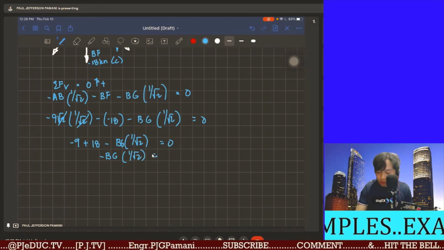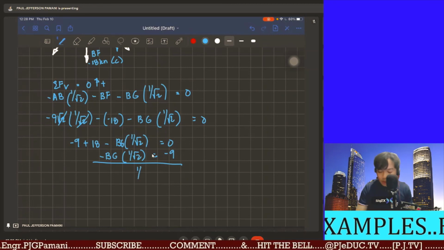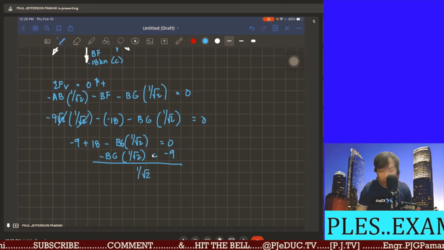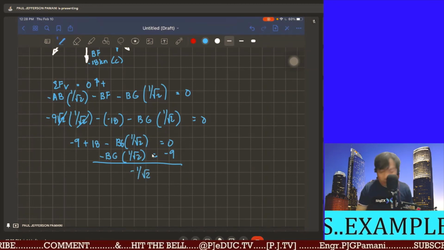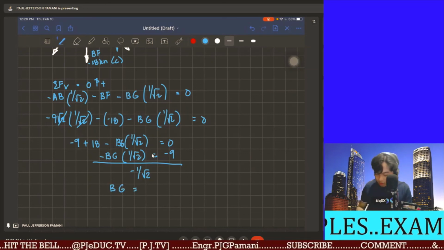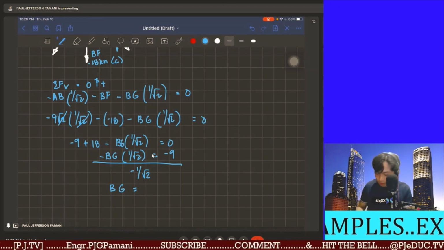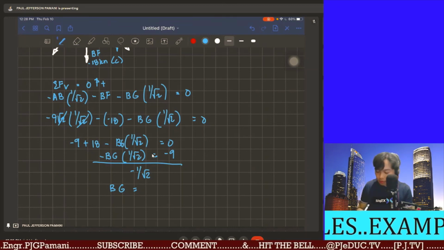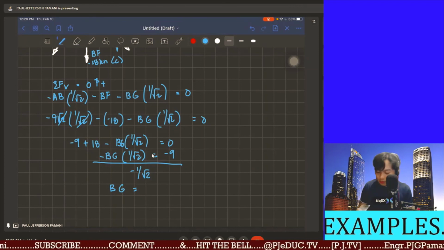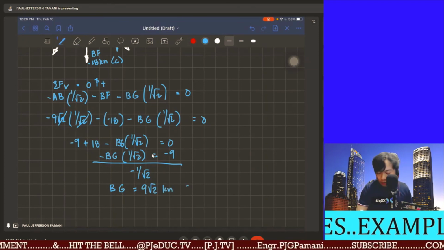Transpose to the other side is negative 9 kilonewton. Divide both sides with 1 over square root of 2. Negative 1 over square root of 2. BG is now equal to 9 of, tama ba? 9 of square root of 2 which is also in tension.